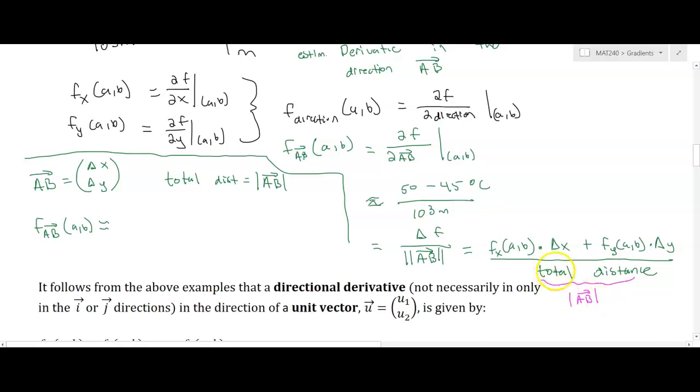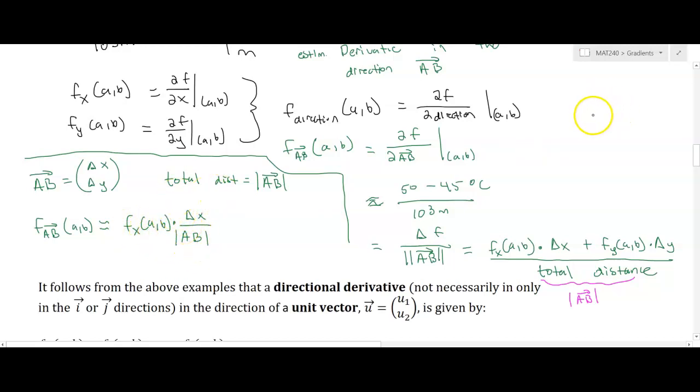then I could apply that magnitude to each of the two terms. When I divide a fraction by something, I could divide the first piece and the second piece. So this is what it would look like. We would have f sub x at a comma b, multiplied by delta x divided by the magnitude of AB. Remember, when you divide a product by something, you don't divide both factors by that. You divide either one.